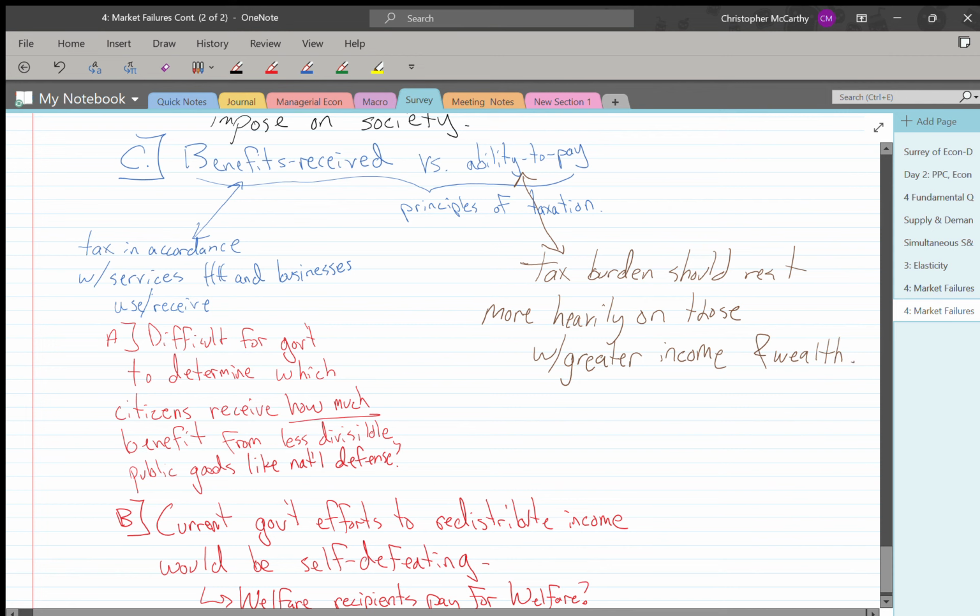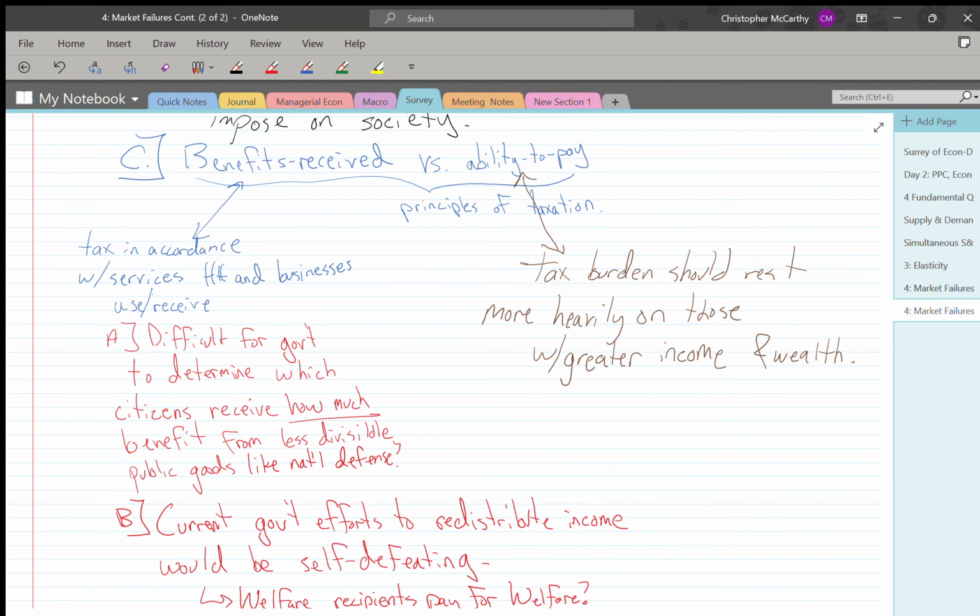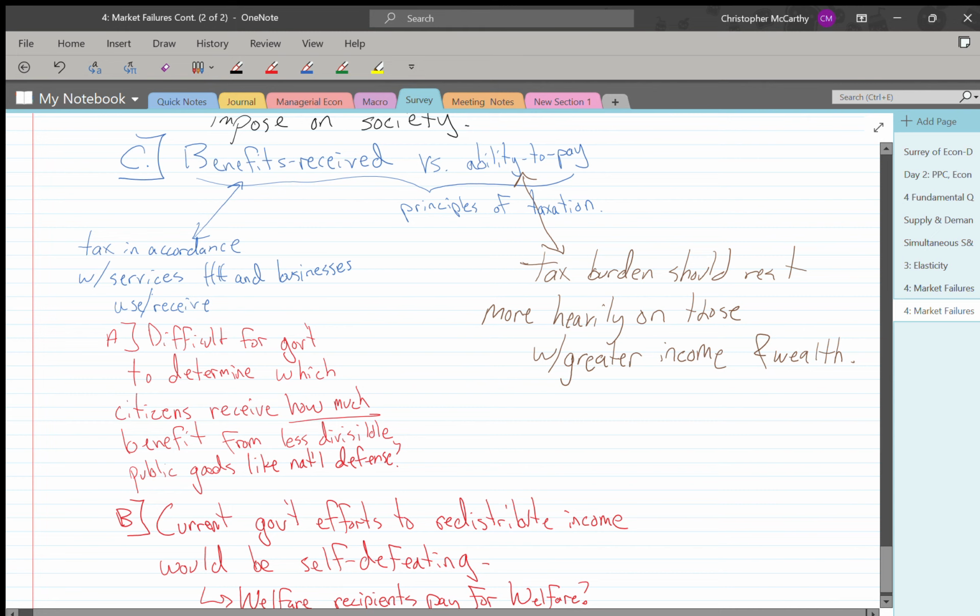The rationale is that those people with greater income and wealth are going to value their marginal dollars less than those with lower income. Also, the people with higher incomes spend less in terms of their fraction of their income.